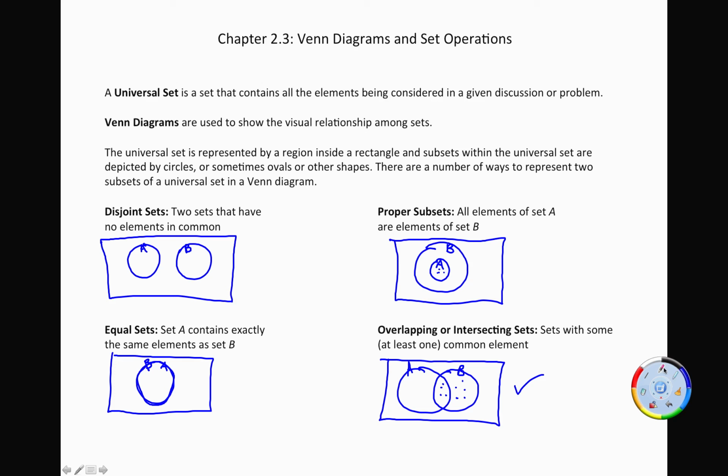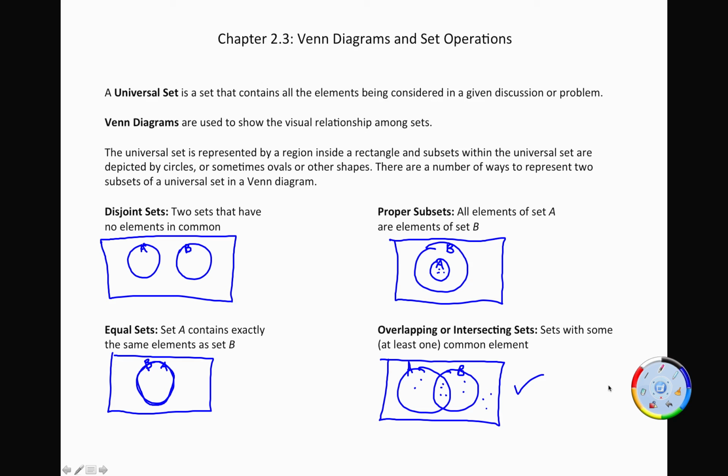And now I have a proper subset depiction. Equal sets would mean all the elements in A and B are in the same section. They're equal, right? And then of course, intersecting sets, I might have some elements in A, some in B, and some that are in A and B. Anything out here represents the universal set.